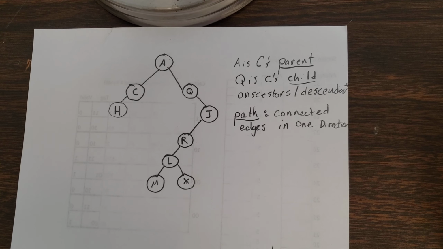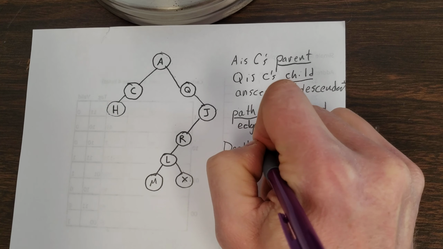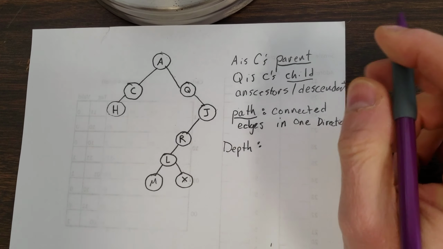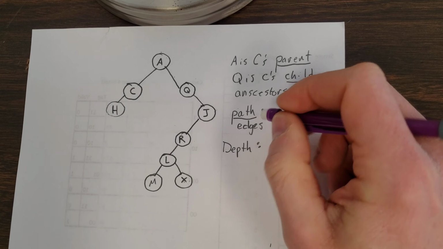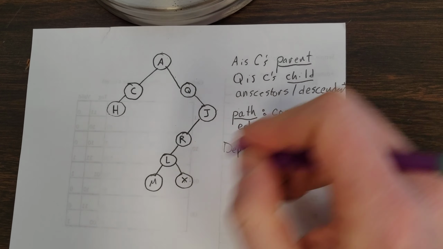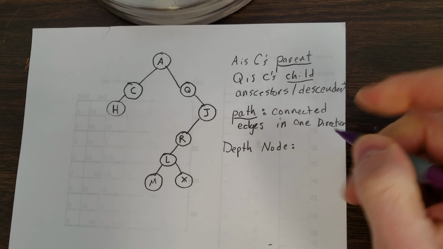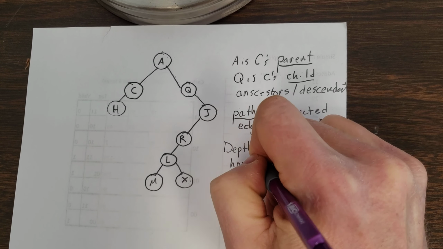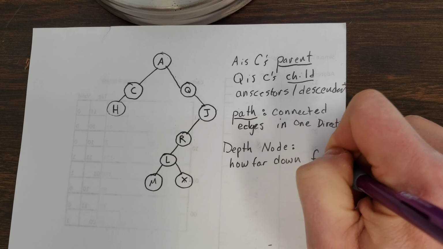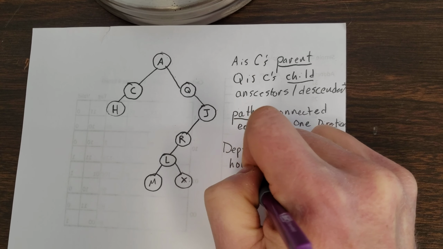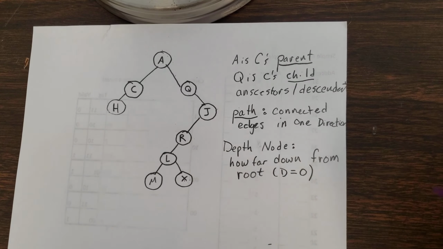And the depth of a tree. We can talk about the depth of the tree. We could also talk about the depth of a node. So let's start talking about the depth of a node, which is how far down from the root, and the root has depth level 0 in this case.